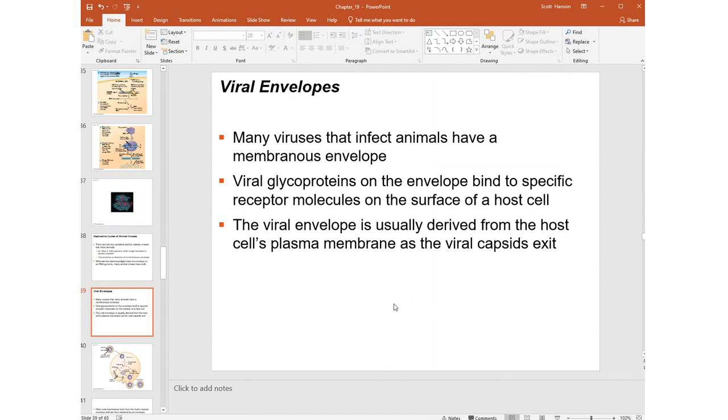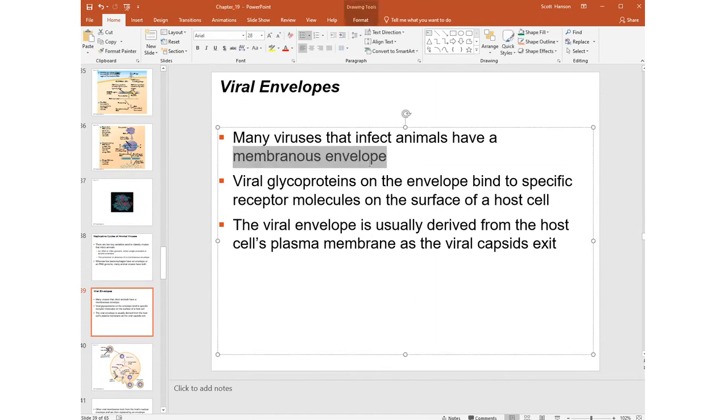So the envelope, a lot of viruses that affect animals have a membranous envelope, it's called. And so viral glycoproteins on the envelope bind to specific receptor molecules on the surface of the host cells in order to recognize which host cells they should try to invade and infect.